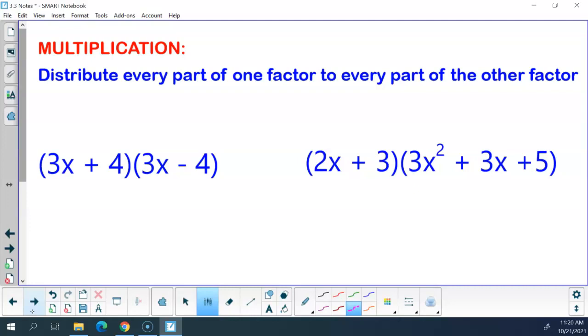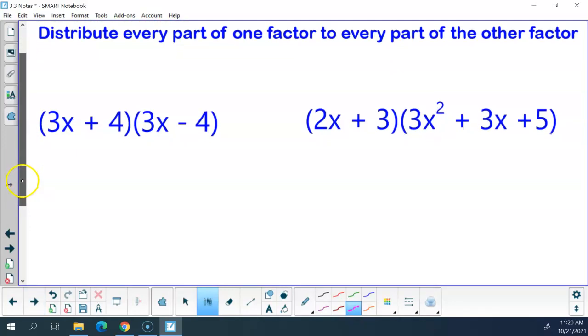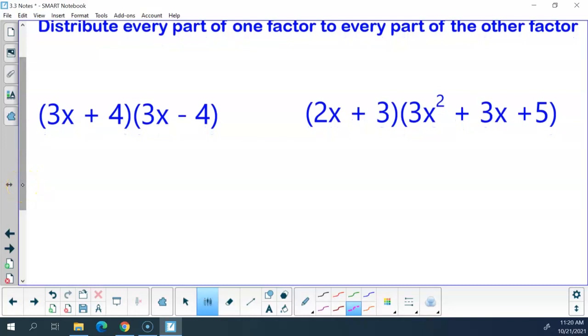Okay? So you need to distribute every term from the first one into the second one. So we need to take this 3x right here, and we need to distribute it into both of those in the second one. Or if you wanted to take the second one and distribute it into the first one, that works out too.